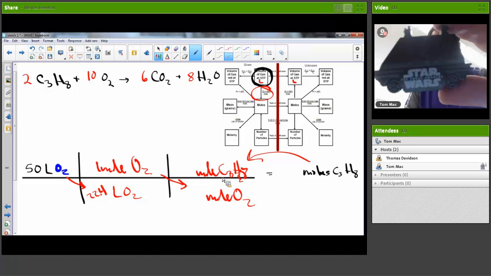So this was a 2 from right there, and O2 was a 10. So now I'm going to reduce this to 1 over 5 just to save me a little bit of calculator work. So I'm going to take 50 and divide it by 22.4 times 5. Be careful here. If you don't do your order of operations right, you'll get it wrong.